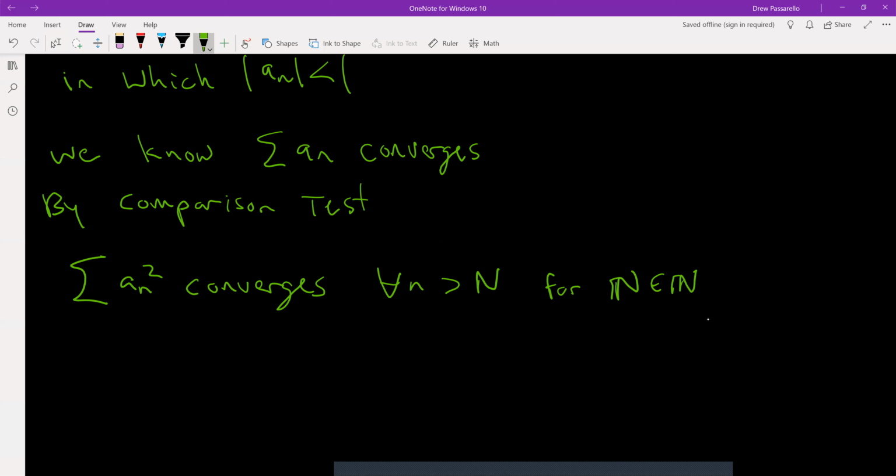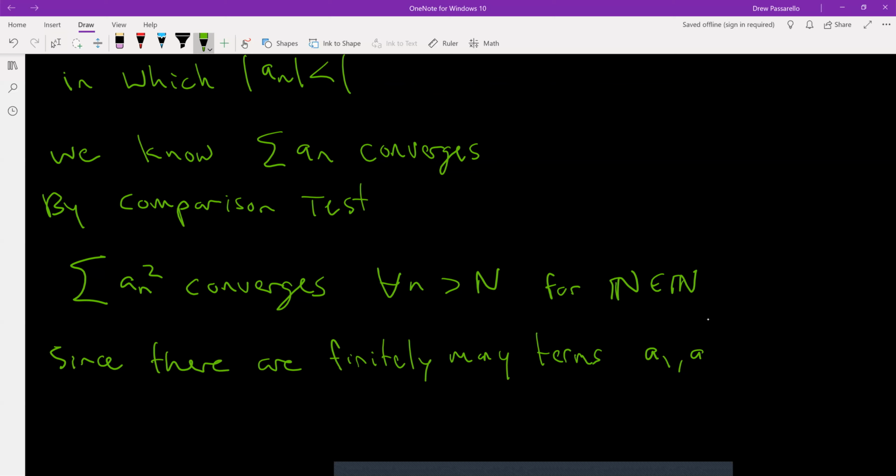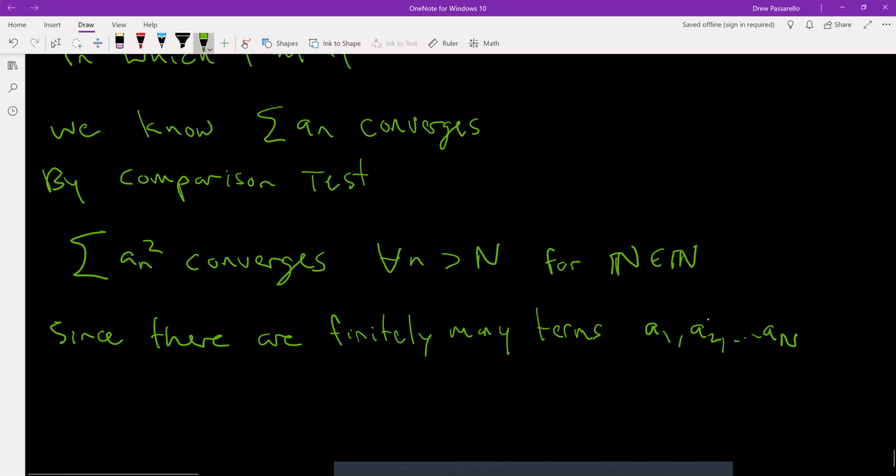Now, since there are finitely many terms before this, a_1, a_2, dot dot dot, a_N, that sum is finite.